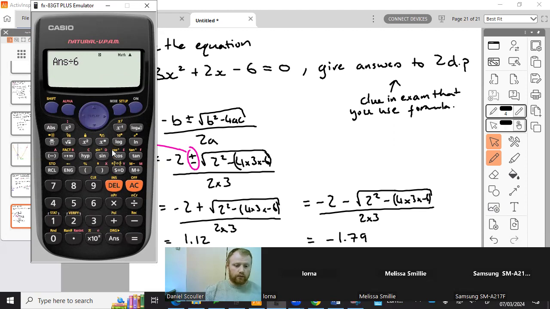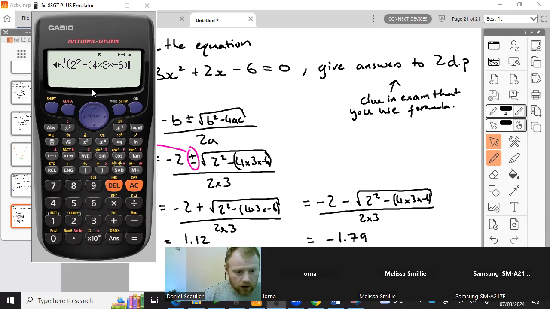So making sure that underneath your root sign is correct. So you've got 2 squared minus all of this, negative 4 times 3 times negative 6.